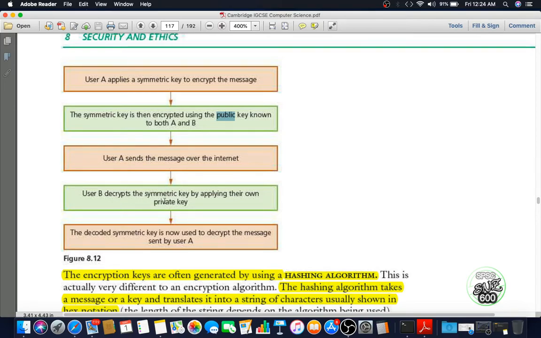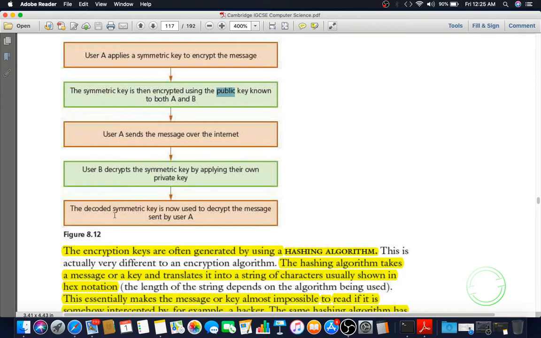User B decrypts the symmetric key by applying their own private key. As user A used the public key of B, user B is authorized. He can decrypt the symmetric key, because the symmetric key is encrypted using the public key of user B. So user B decrypts the symmetric key by applying his own private key.